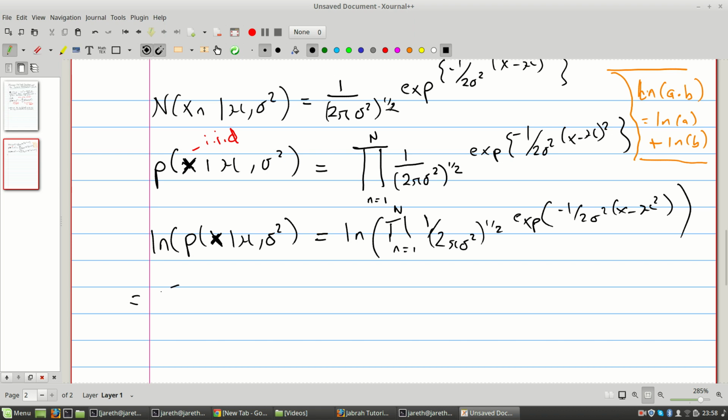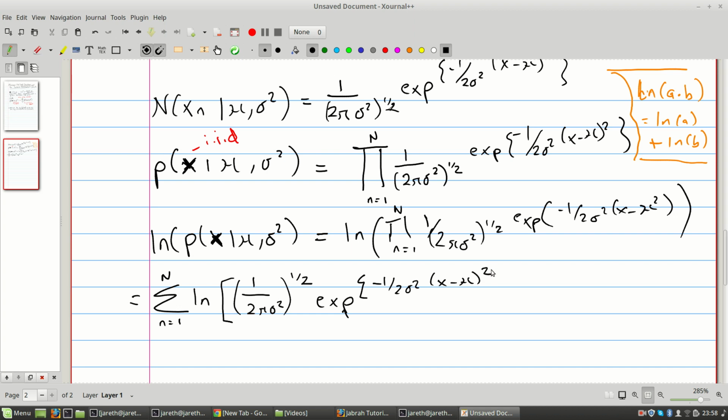So we can write this as the summation from n equals 1 up to n of ln of 1 over 2 pi sigma squared, to the power of a half, times the exponent of the same expression we had over there, minus 1 over 2 sigma squared, x minus mu squared, right?